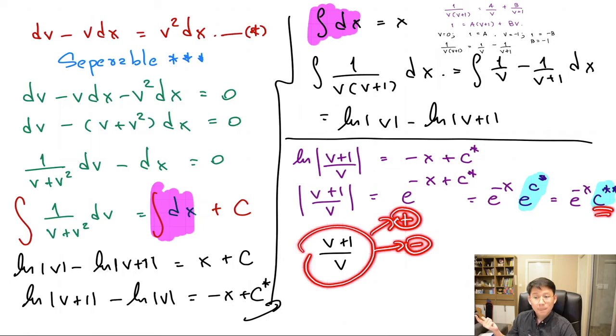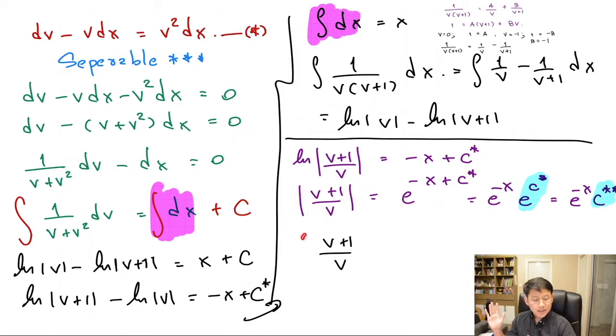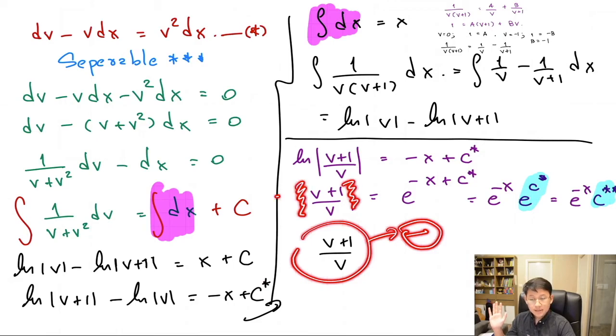If it is positive, I can just remove the absolute value. If it is negative, to remove the absolute value I need to put a minus sign here, but that minus sign will be included in this constant, so it doesn't matter.